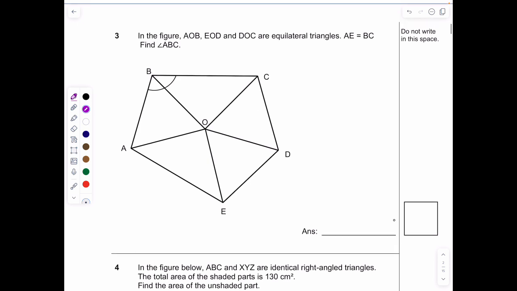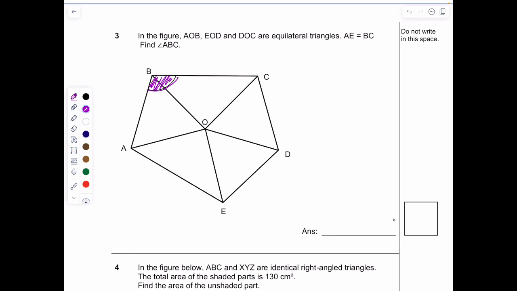Next, we are asked to find angle ABC. When dealing with angles, please write the angle symbol as well as the degrees for your units. So angle ABC is actually over here. I'm going to color it in so that we can see this very clearly.